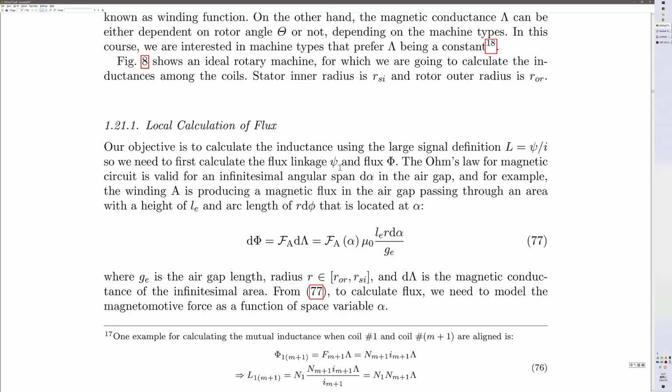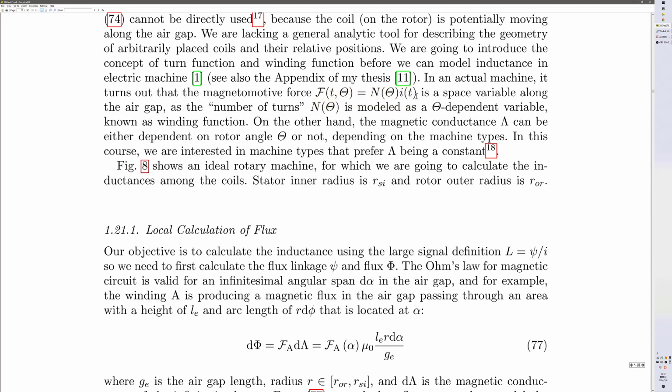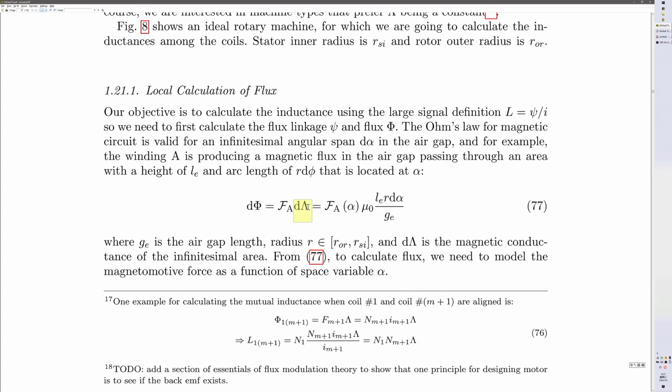To derive an expression for our turns function and our MMF, we need to first consider a differential of conductance corresponding to a differential of angular location in the air gap.